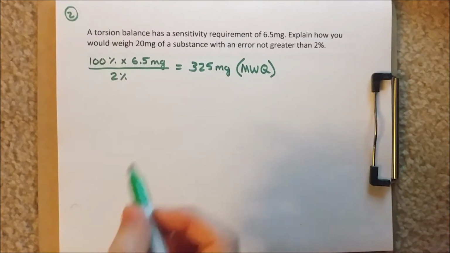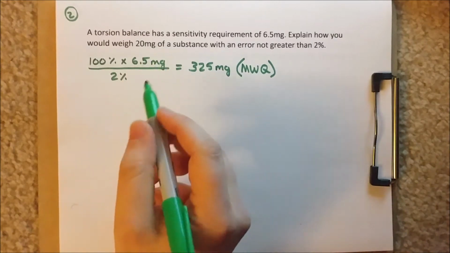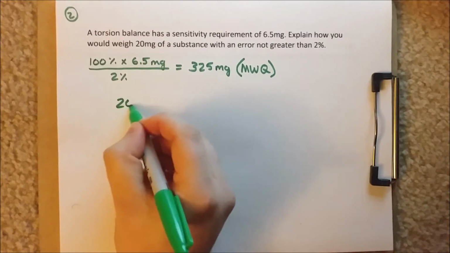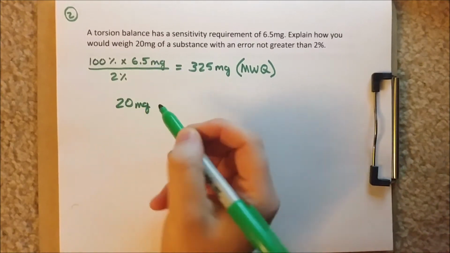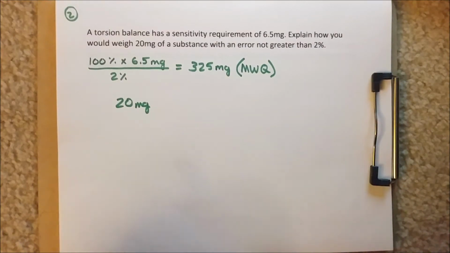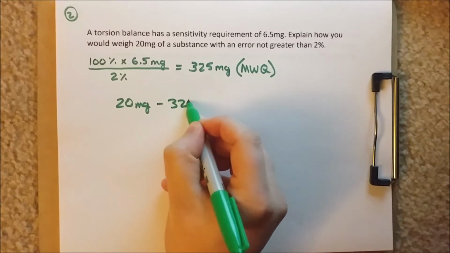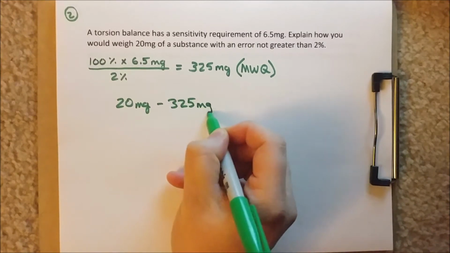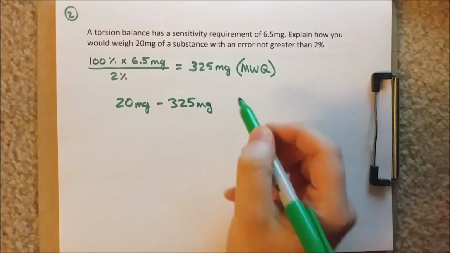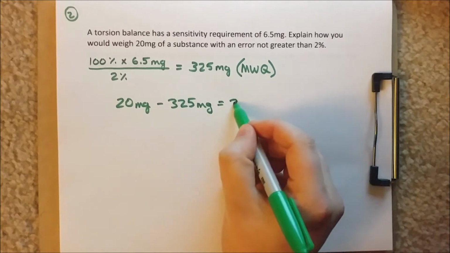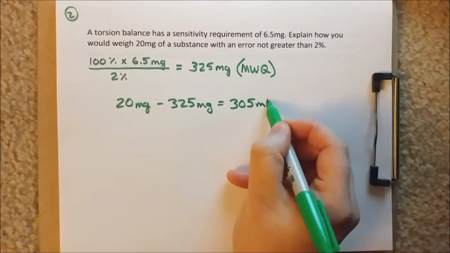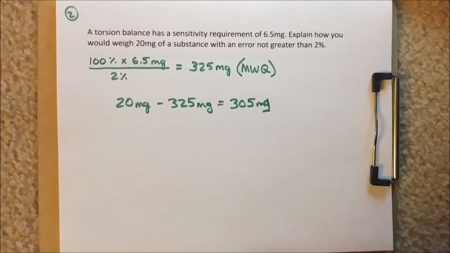So from here, we will take the 20 milligrams that we need to weigh out. And this, by the way, is another aliquot calculation. Subtract it by 325 milligrams, which is the minimum weighable quantity. And that is 305 milligrams. That is your diluent.